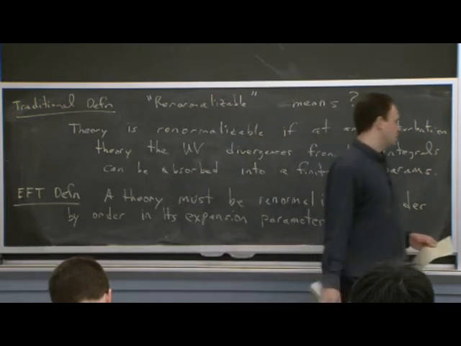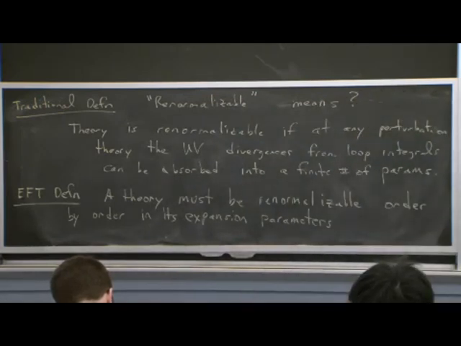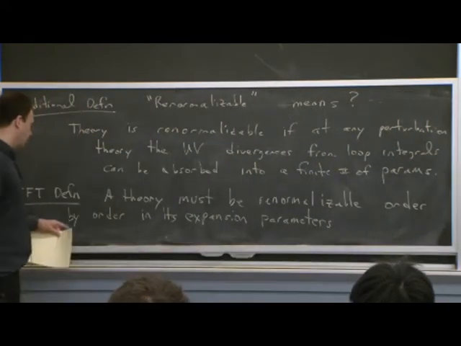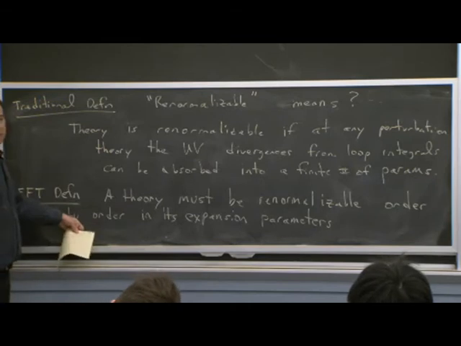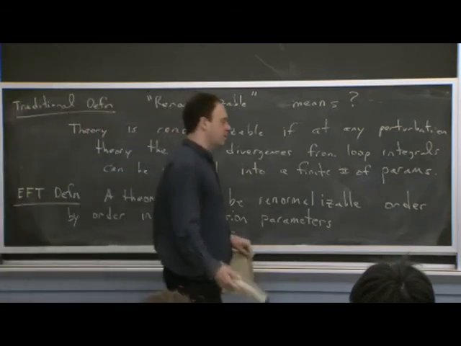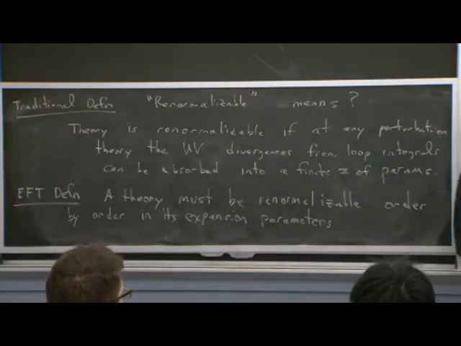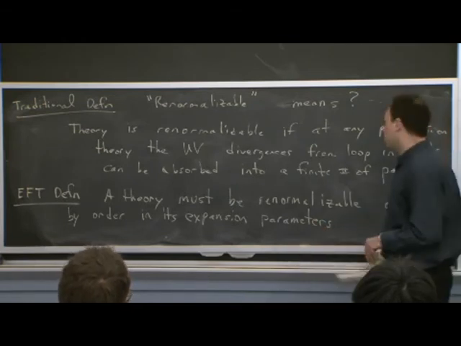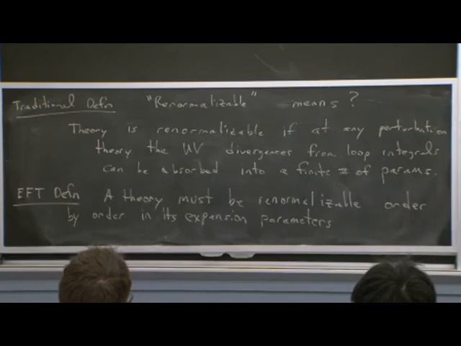So even just this sentence alone tells you why power counting is such an important part of the effective theory, because an effective theory, to make sense as a renormalizable quantum field theory, needs to know about its expansion parameter. We're saying that it's renormalizable, that we can make sense of the theory and absorb all the infinities, only order by order in expansion parameters in general.